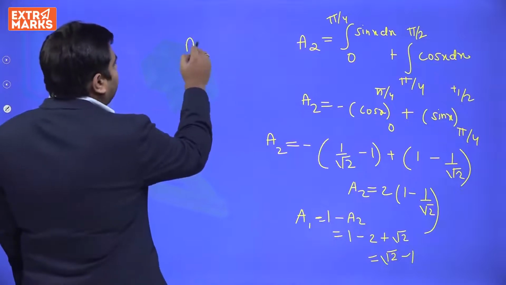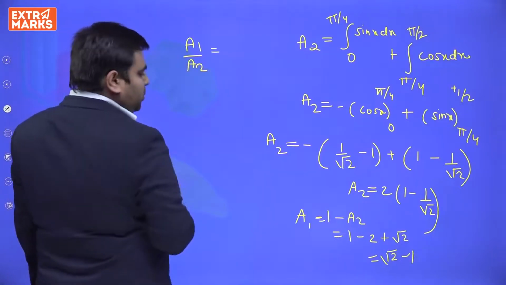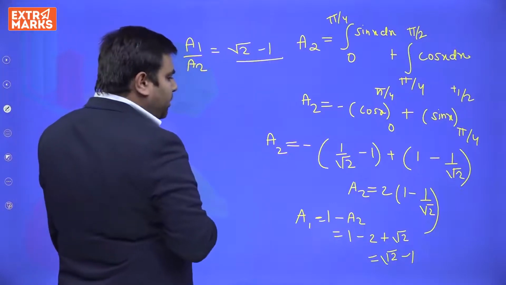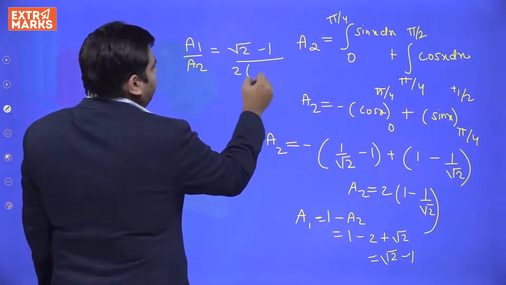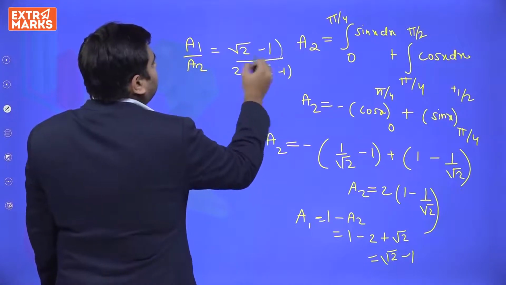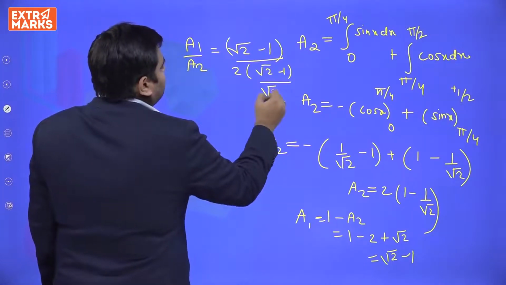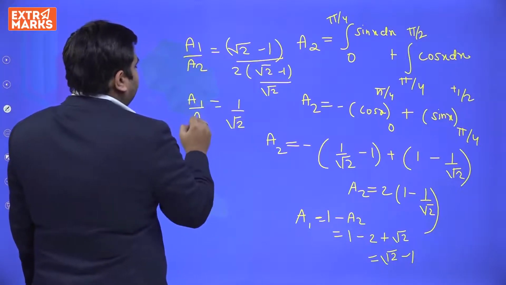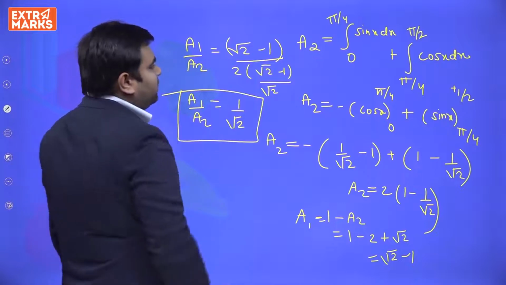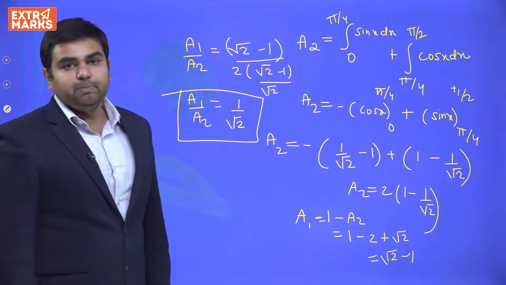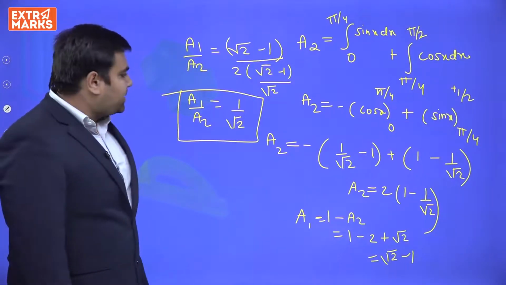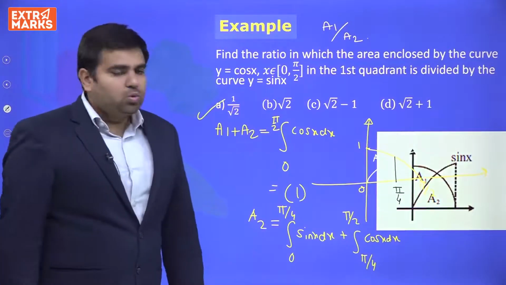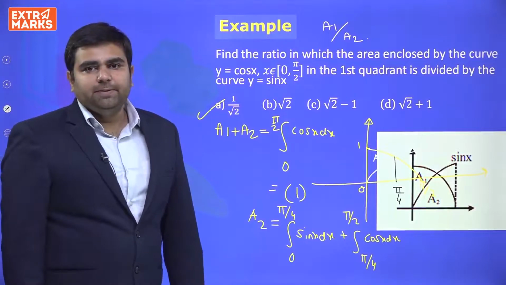So what would be a1 upon a2? a1 upon a2 would be root 2 minus 1 upon 2 times of root 2 minus 1 upon root 2. So this would come out to be 1 by root 2. Therefore the final answer is 1 by root 2, right?